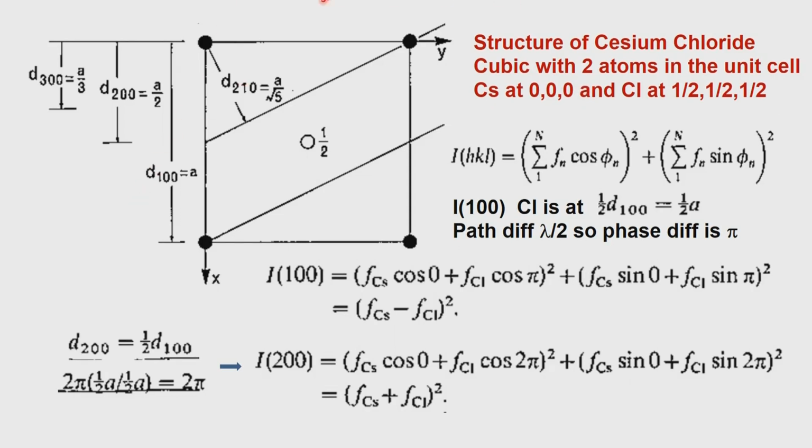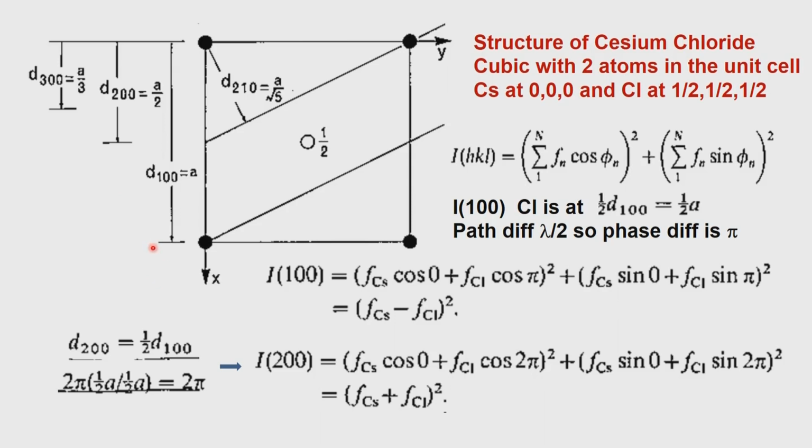Intensity 1 0 0 will be at a distance d_HKL, which is d_100. So d_HKL is now equal to a, the cell dimension. We are therefore considering the plane passing through the value of d_100. In this three dimensional structure, this line is the representation of d_100, so the 1 0 0 plane is represented by a horizontal line.